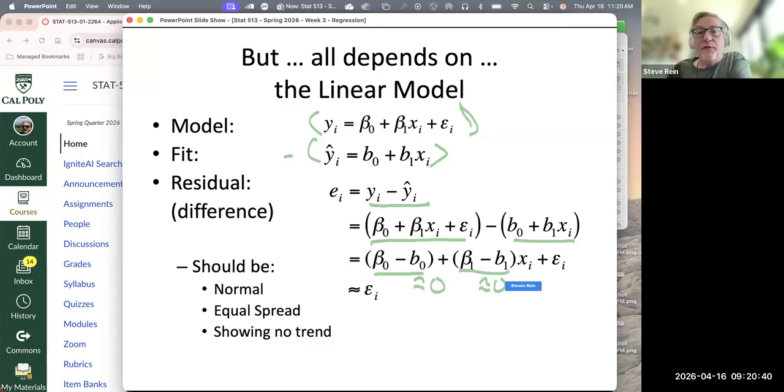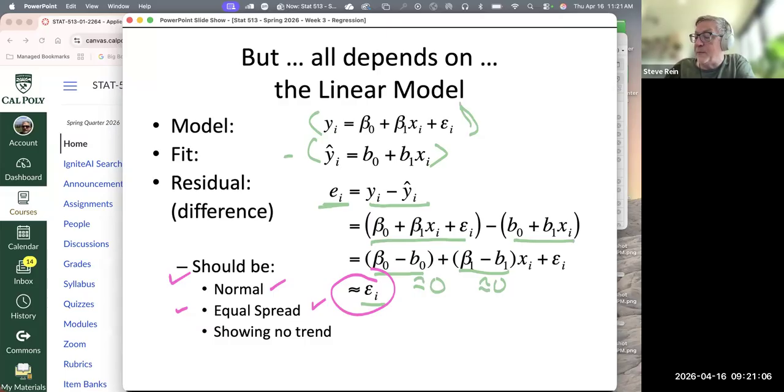And so if you got these first two terms approximately zeroing out, you'd say that the residual, e_i, is approximately equal to, well, just the epsilon. So the degree to which the underlying epsilons are normal, the residuals should be normal. The degree to which the epsilons should have equal spread, the residuals should have equal spread.